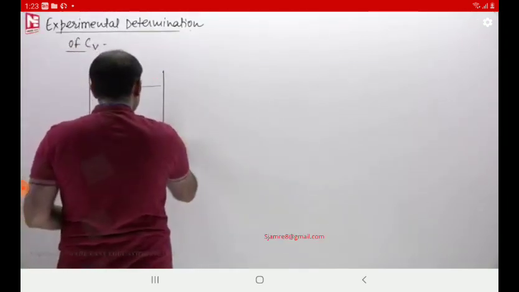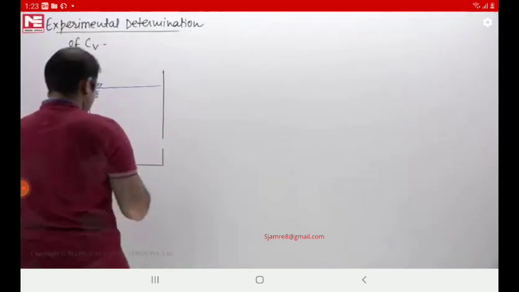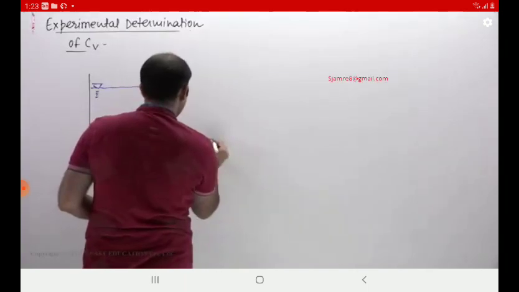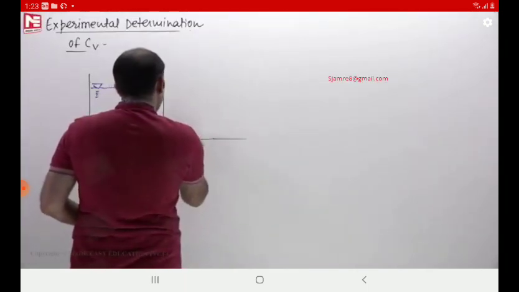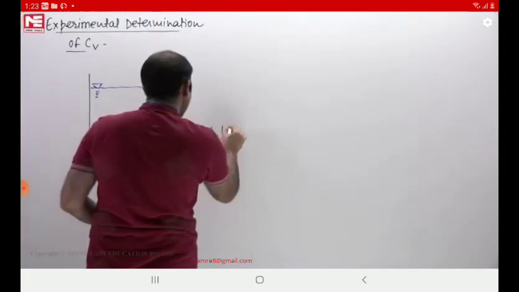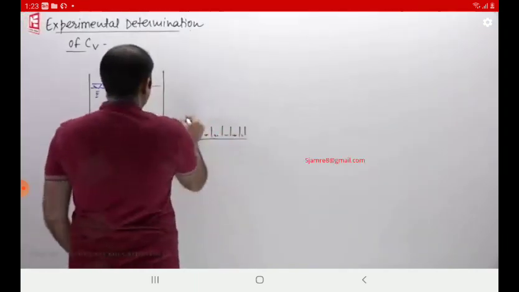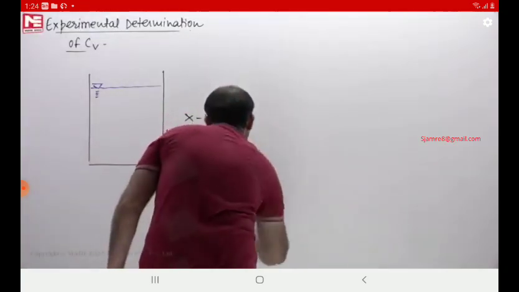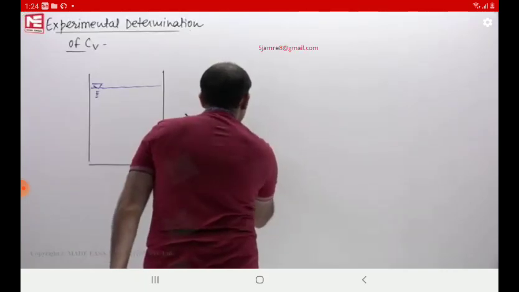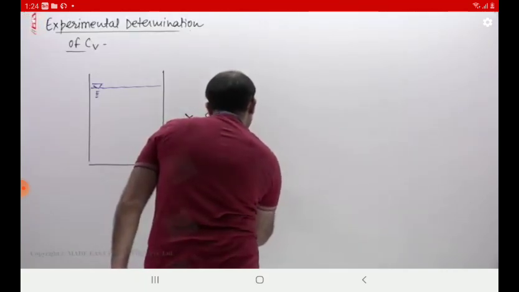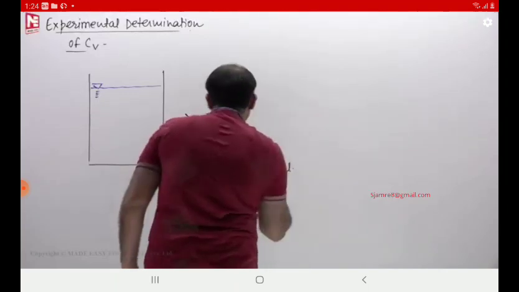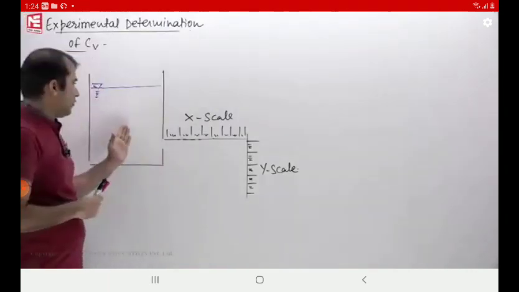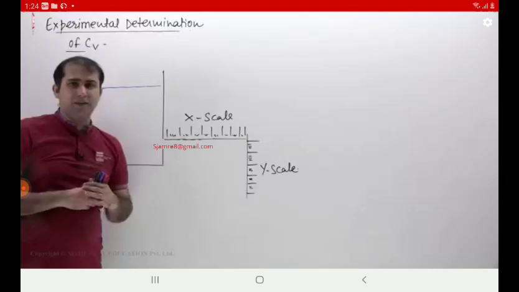Here we have an x scale, and here we have a y scale. This was part of the setup in the lab: this is the reservoir, here we have an x scale, here we have a y scale.